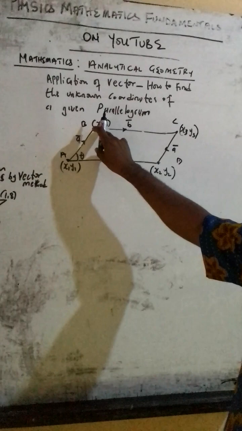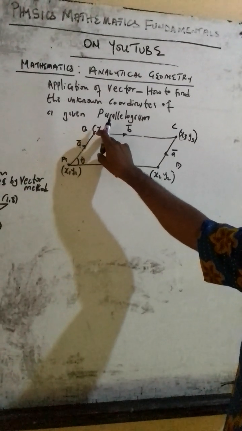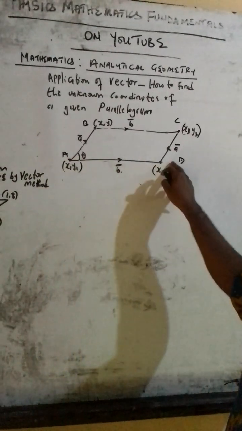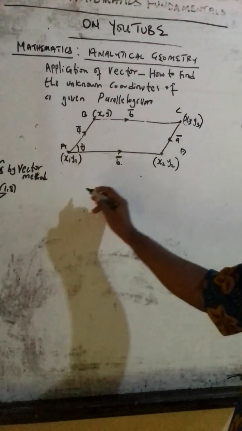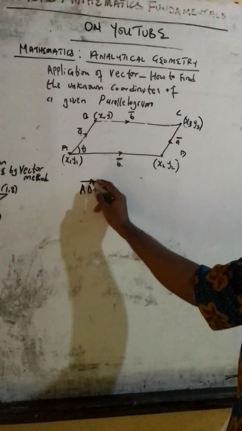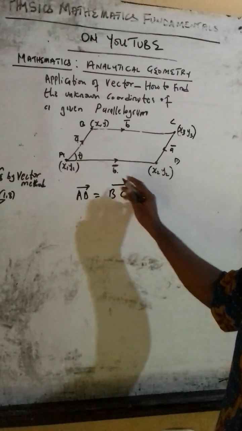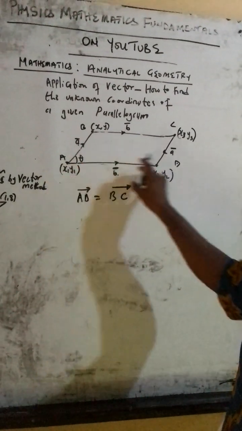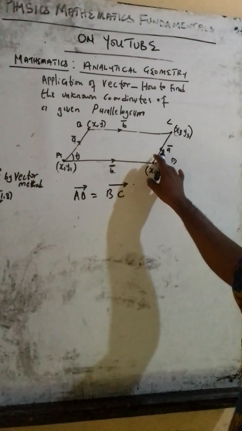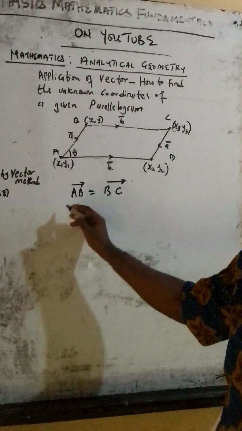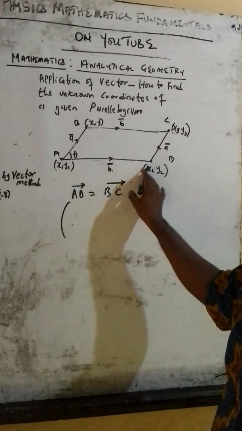How do we find this particular unknown coordinate? We say vector AD is equal to vector BC. How do we find vector AD? To find vector AD, we simply take the difference in the respective coordinates of the points.